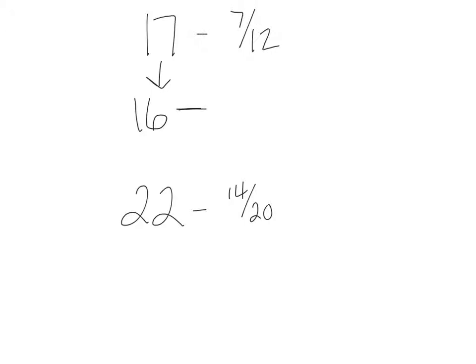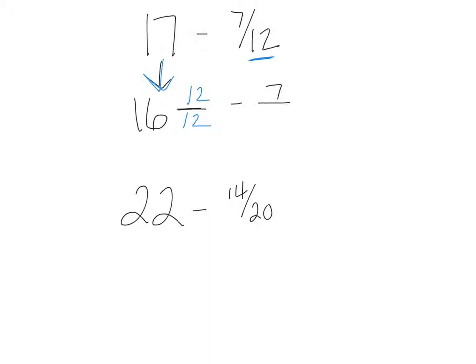And because I can only add and subtract fractions with the same denominators, I'm going to look over here and see what denominator they use. They use 12. So when I take away 1 from 17, it became 16. And my fraction is going to use the number 12. And to have it equal a whole, it has to be 12 twelfths. So 16 and 12 twelfths is the same as 17.